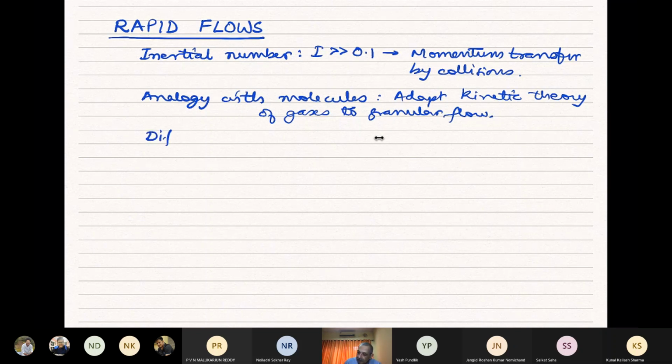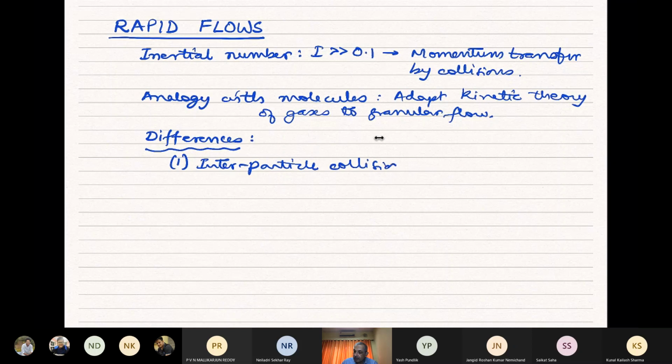But there are, of course, differences between molecules and particles. The first difference is that interparticle collisions are inelastic. We have already seen this, and we have calculated also the time for inelastic collapse.